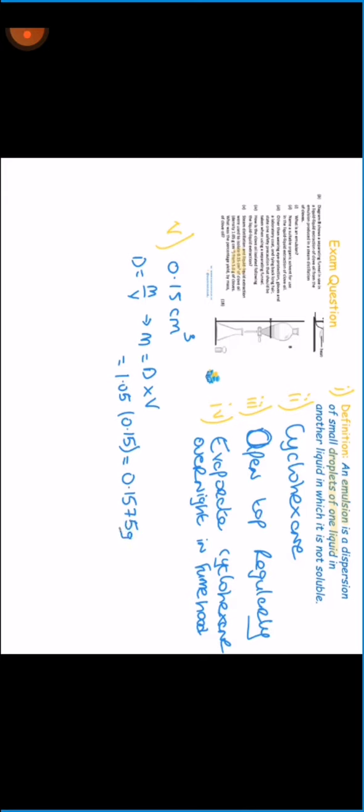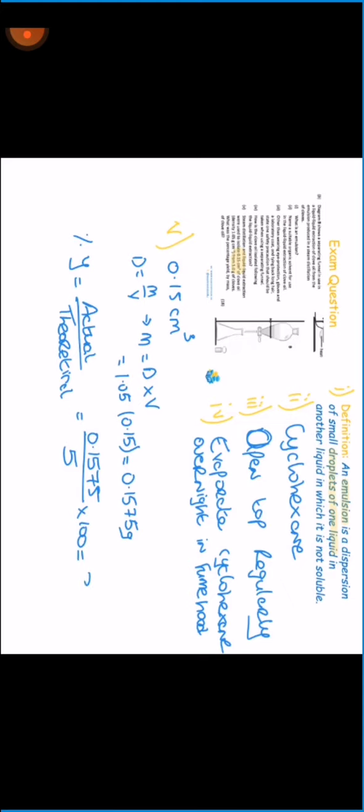And from there you can do percentage yield equals actual yield over theoretical yield. We know that our actual yield is 0.1575 and that our theoretical yield is 5, and you multiply that by 100 and that gives us 3.15%.